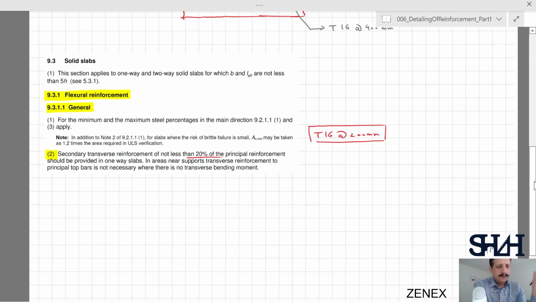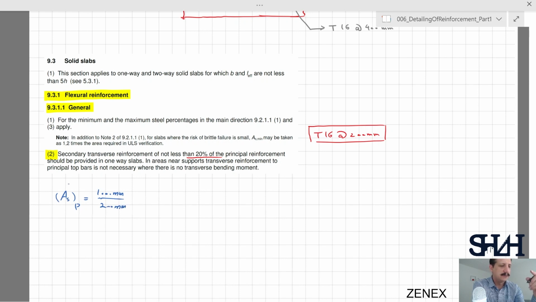So the primary reinforcement is T16 at 200 millimeter, and secondary transverse reinforcement should be greater than 20% of principal reinforcement. So first we need to calculate the area of primary reinforcement, which is 1000 millimeter divided by 200 millimeter.